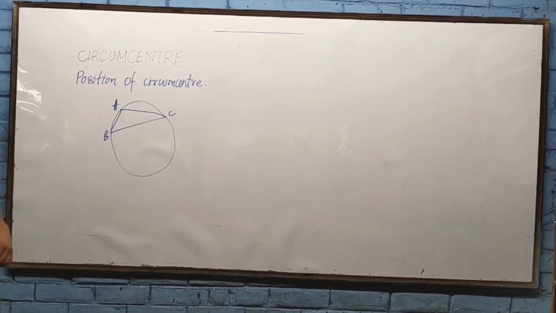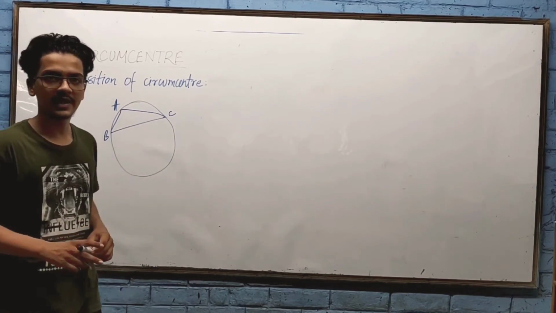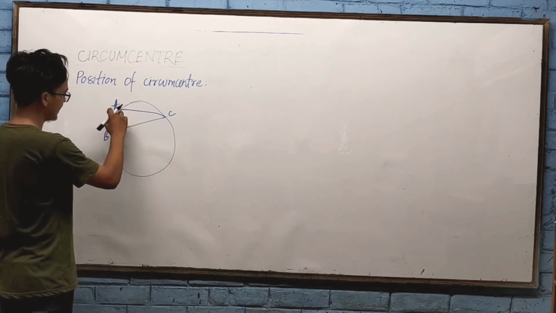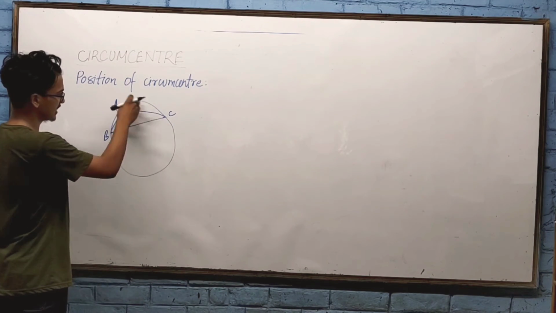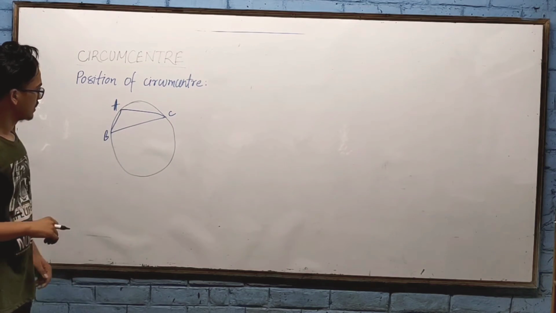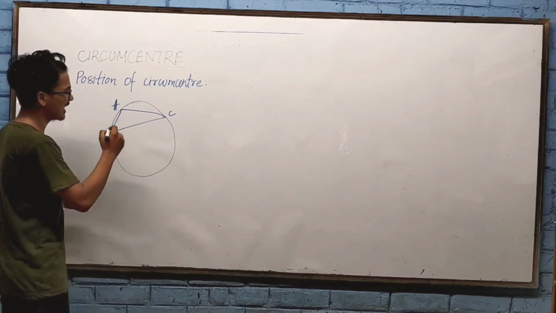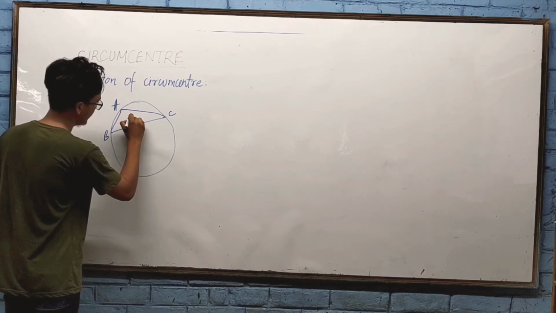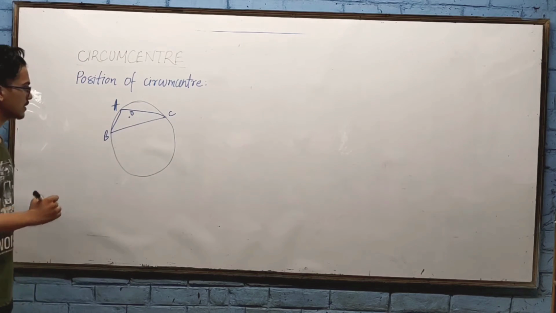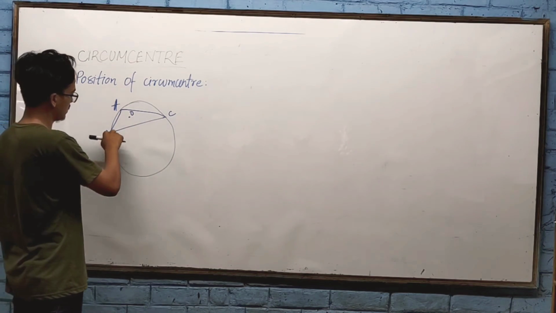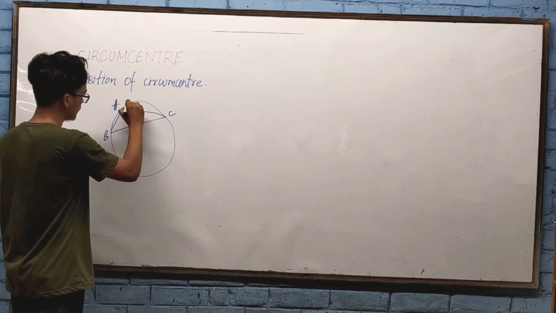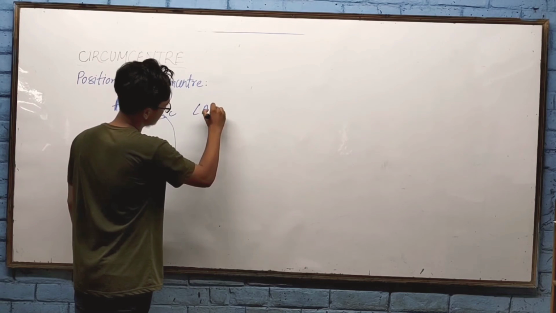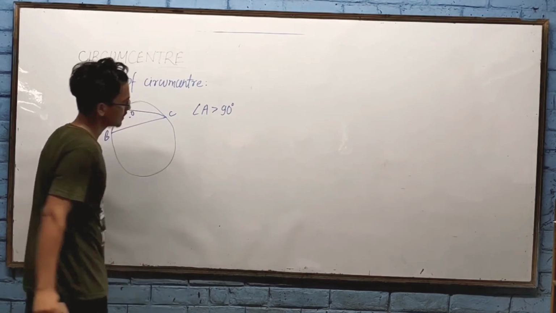Let's talk about the position of circumcenter in case of an obtuse angle triangle. We have an obtuse angle triangle ABC and the corresponding circumcircle. Let's assume that the circumcenter lies inside this triangle, and let's name it O. This angle A is obtuse, that is, it is greater than 90 degrees.